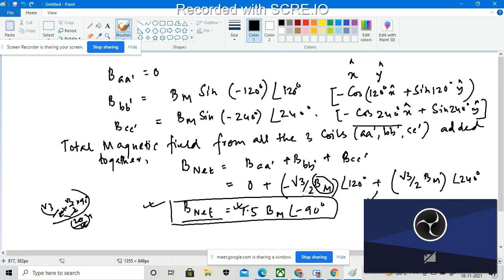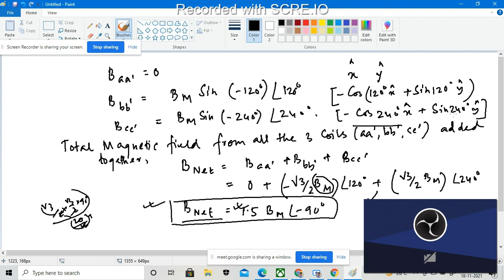So 120 degree ko, ठीक है, we have to divide into the cos function and the sine function, because B dash has a cos part and a sine part also, since we are considering the x axis, y axis and the z axis. That is why we consider 120 degree as cos and sine functions, and the 240 degree also as cos and sine functions.